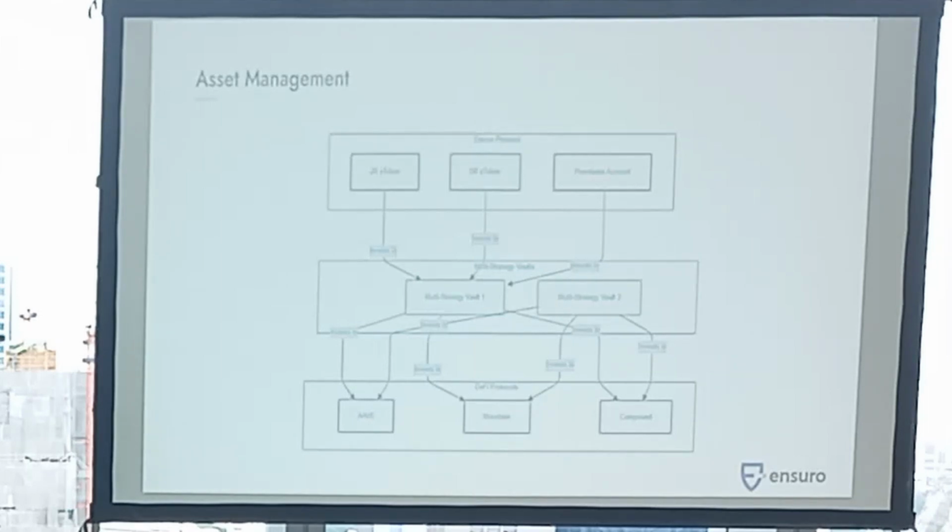Right now we have actually 4 strategies. We invest in Aave, in Compound, and in Mountain Protocol, which is a token backed by T-bills.